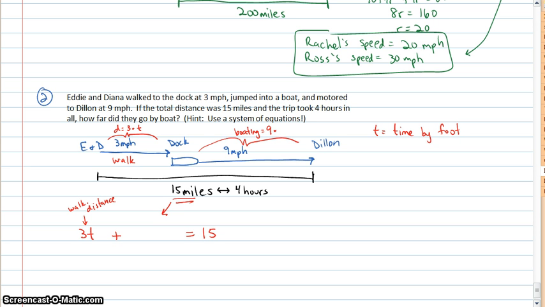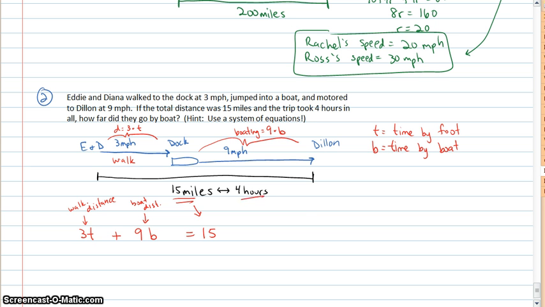This time is not the same, so I'm going to call it b. b equals time by boat. But we know that 3t plus 9b is going to equal 15 total miles. Each of these are distances. So this is the distance by boat. Altogether it was 15 miles.